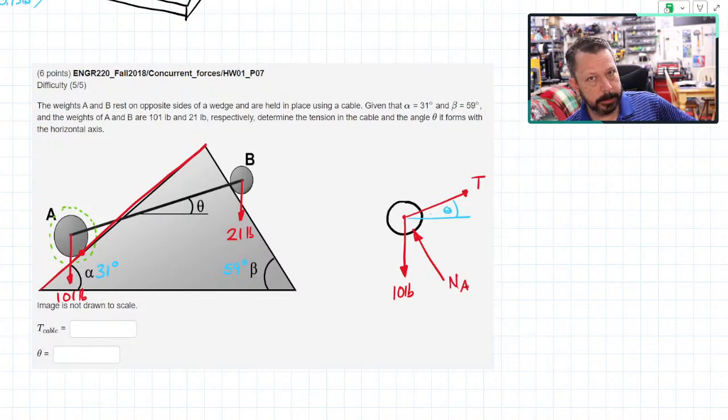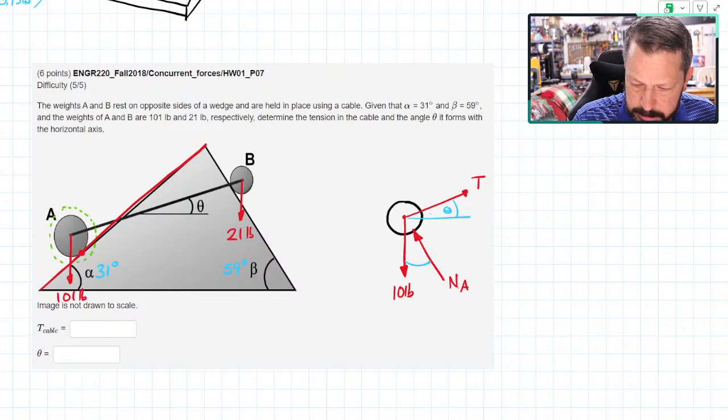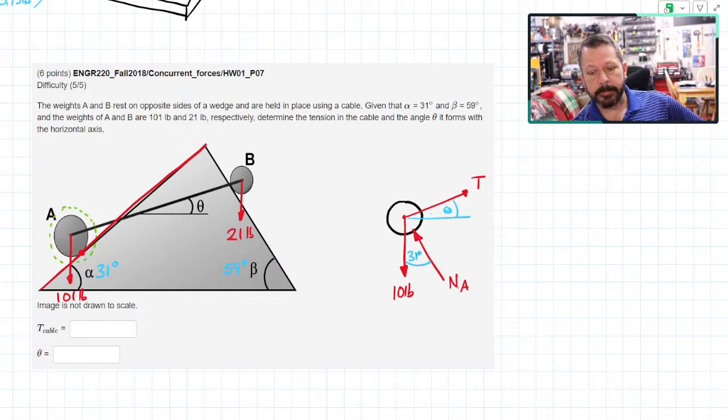So perpendicular, if I have a vector that's perpendicular to something that is 31 degrees from horizontal, the perpendicular to that is 31 degrees from vertical. So this guy is 31 degrees. So now I've got a free body diagram.